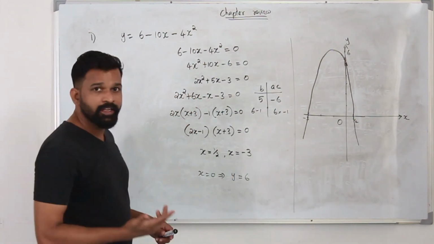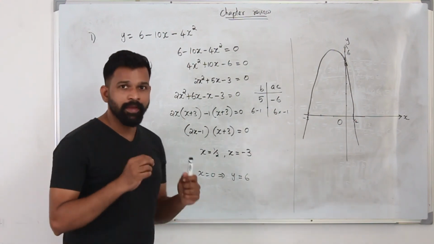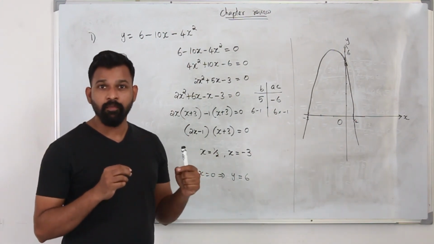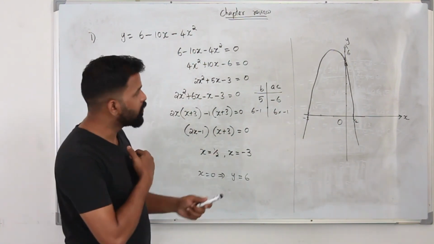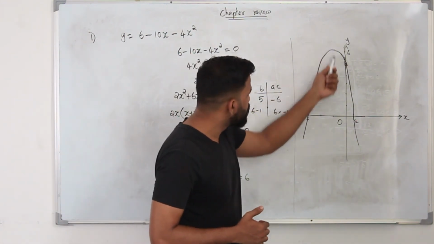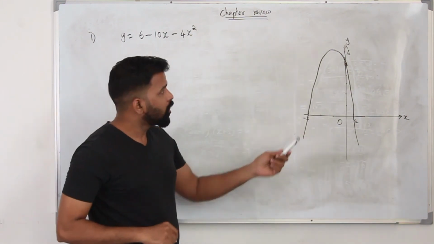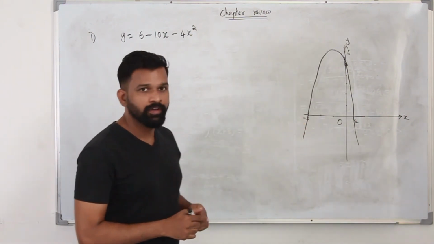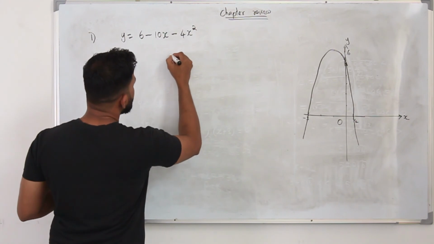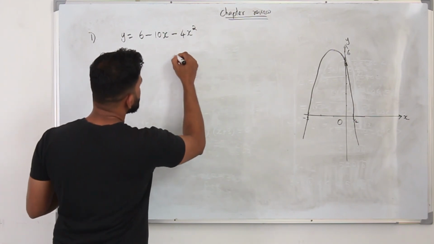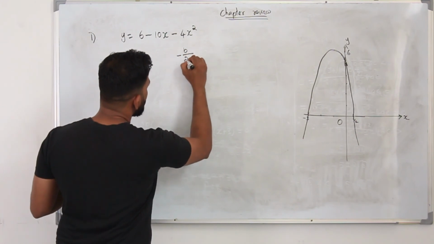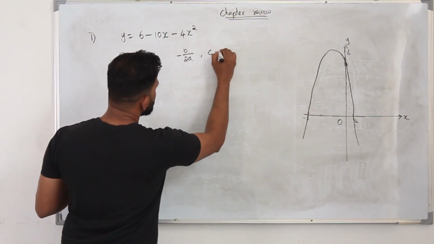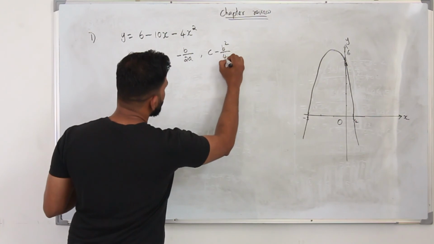And how do we find the maximum point? Using the function, you can find the maximum point. You plot the maximum point and the line of symmetry. Now, how to find the turning point? The turning point is minus p comma q, or minus b by 2a comma c minus b squared upon 4a.